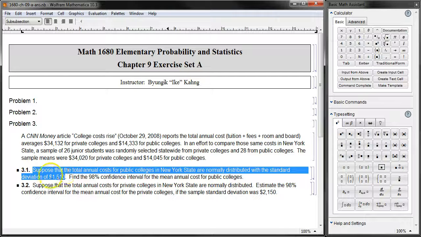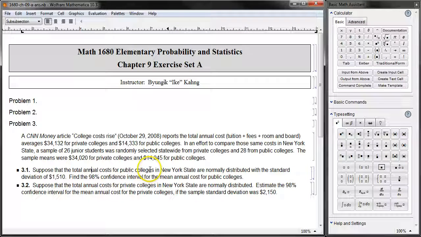The total annual cost for public colleges did not specifically say population, but here is an indirect indicator, New York State, and that's normally distributed. So we are talking about the distribution of population. And the standard deviation, which was not specified as population standard deviation, came with the same sentence as population. So this is population standard deviation. This is sigma.